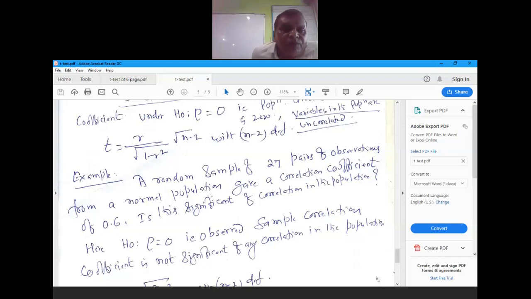So this example is very simple. So here you are given the value of R is equal to 0.6 and the value of N is equal to 27.